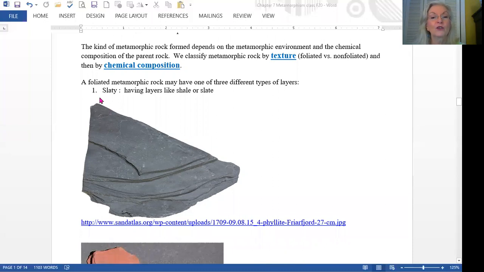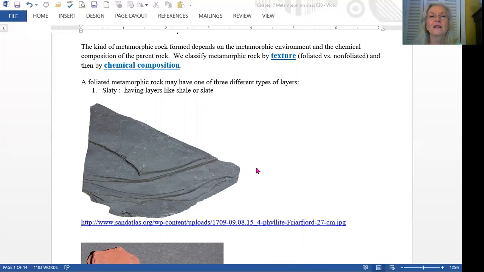We refer to some of the layers as being slaty, and all that means is that they look like a piece of slate. It looks like you could take a sharp blade of a knife and pop this apart into individual sheets.